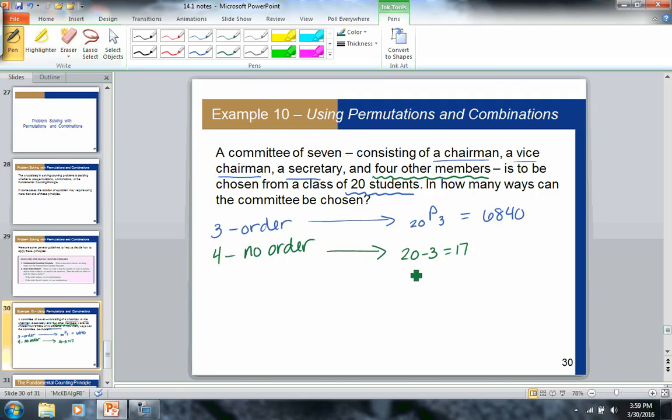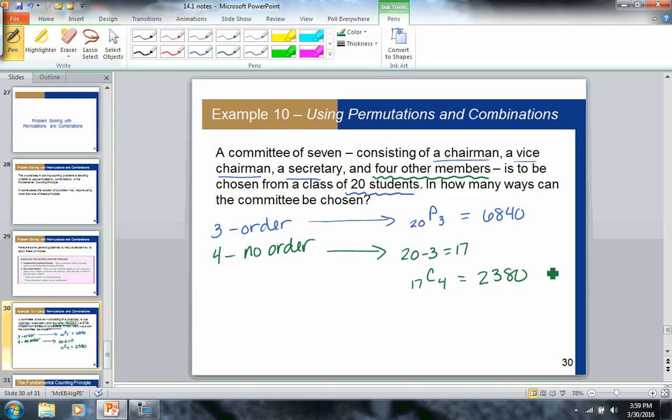So that's another thought process that we have to be aware of and take into consideration. So when we're choosing those four other members, we're going to choose them out of the 17 that are left over. So we're going to have 17 combination 4. Okay, and when we do that on our calculator, we're going to have 2,380.